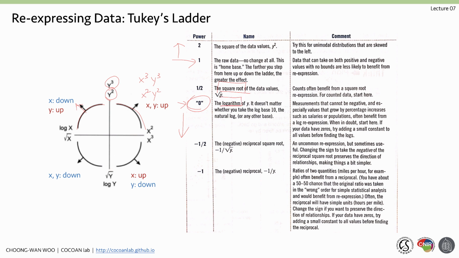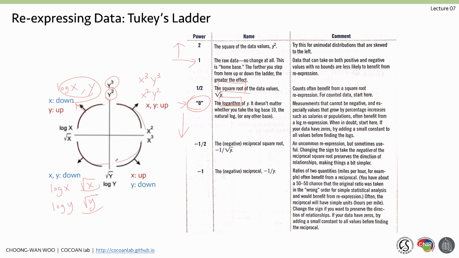So logarithm is quite a good way to re-express your data. For example, log x and y, you can use these values. If your data has this shape, you can take log for x and y. And also, you can try the square root of x and y.